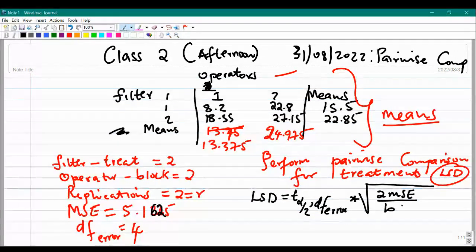So we divide by the number of blocks, multiplied by the number of replications. So what is the answer here?